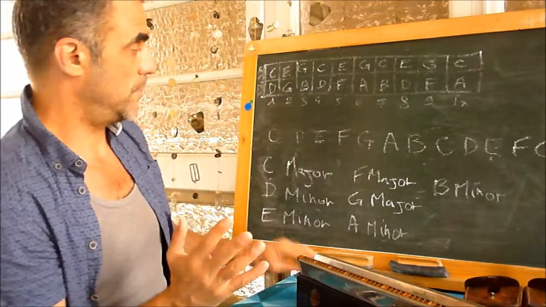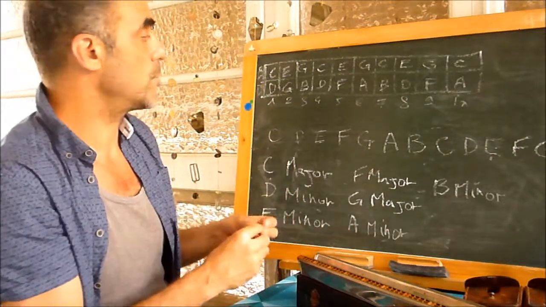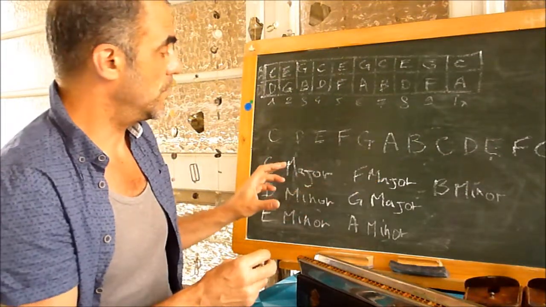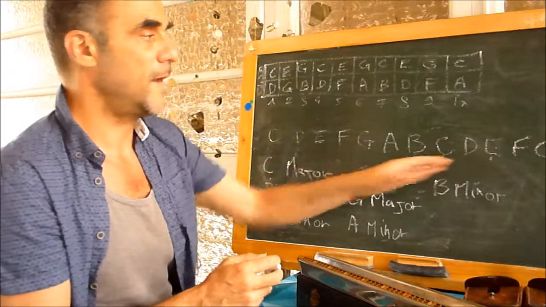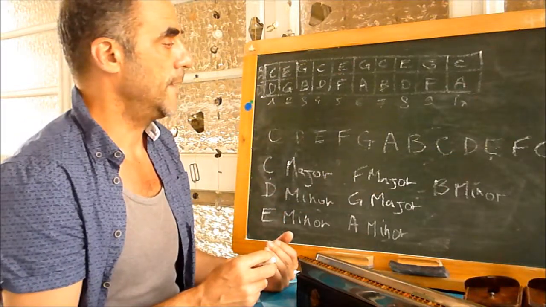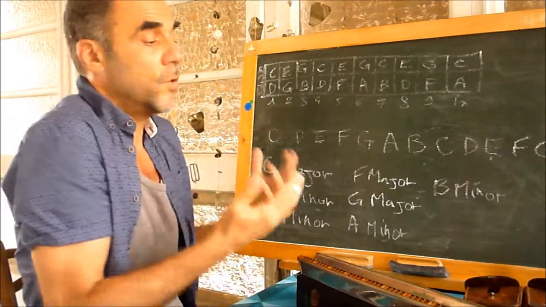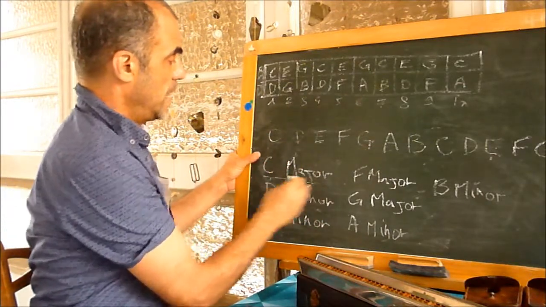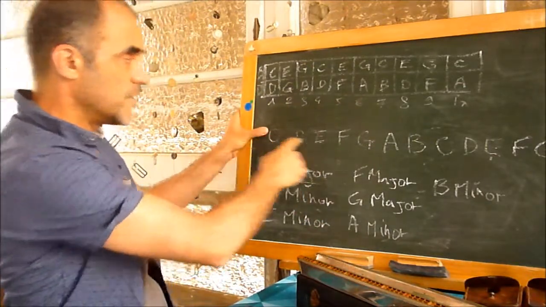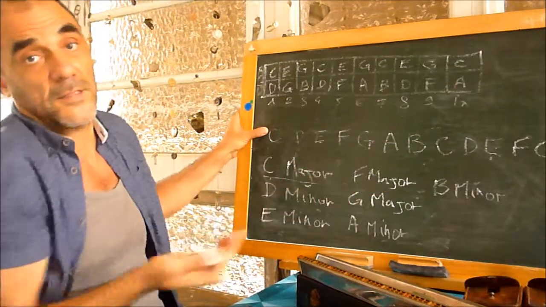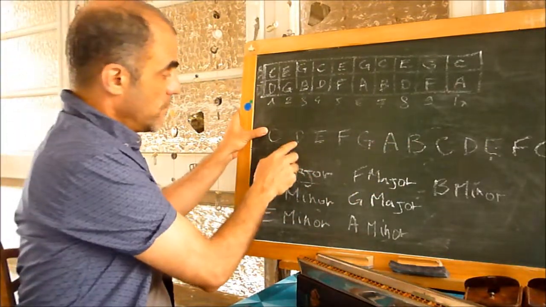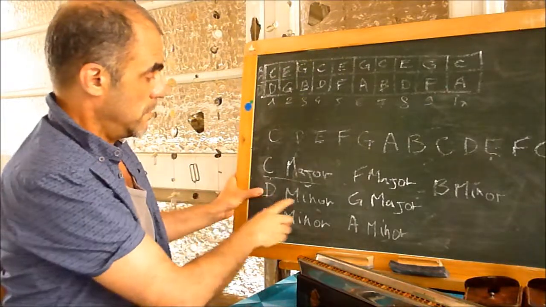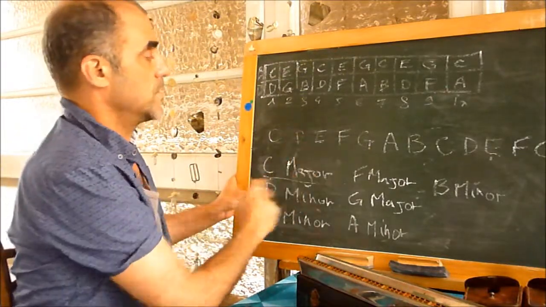That's a first approach. This way to think about the C major scale, we call it the mode. Okay. If I use this one, I use the first mode of the C major scale, and it's C major. If I use the second, it's the second mode of the C major scale.